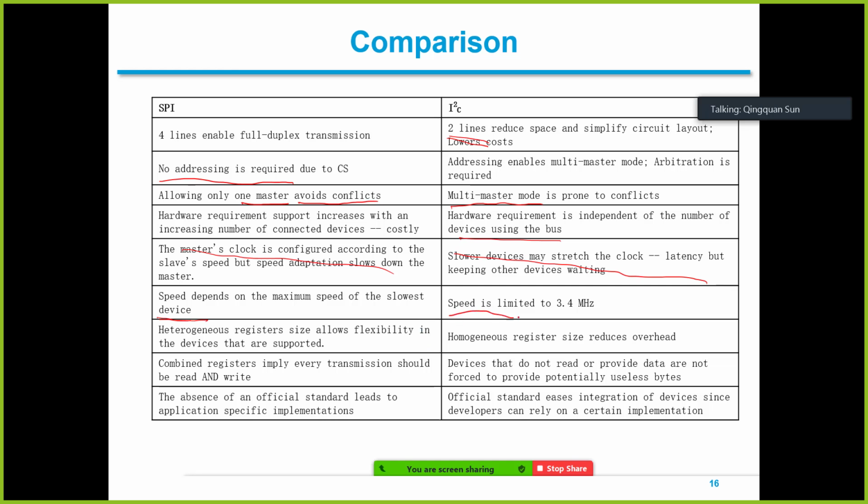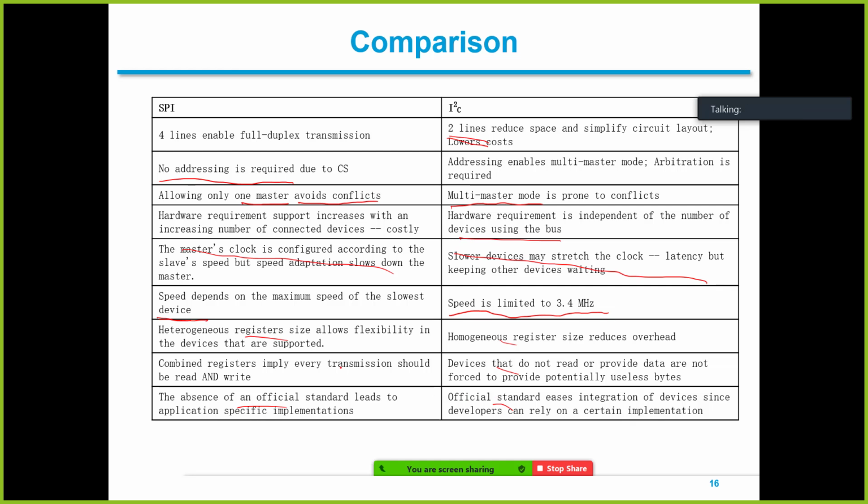And for the I2C, there are 2 speed modes, and the high speed mode is limited to 3.4 MHz. Okay, other differences are not important.